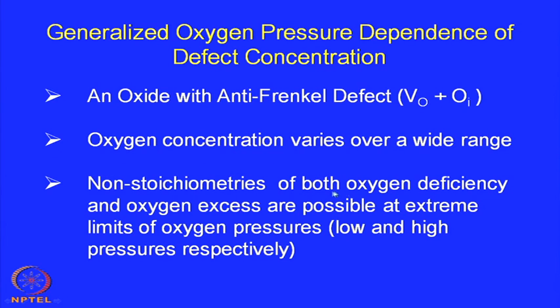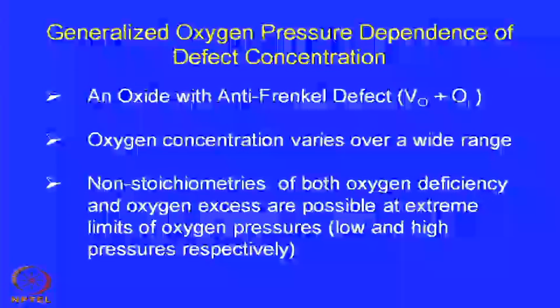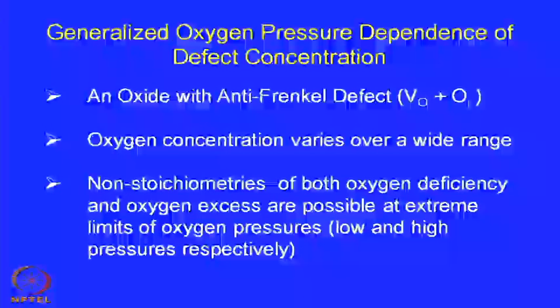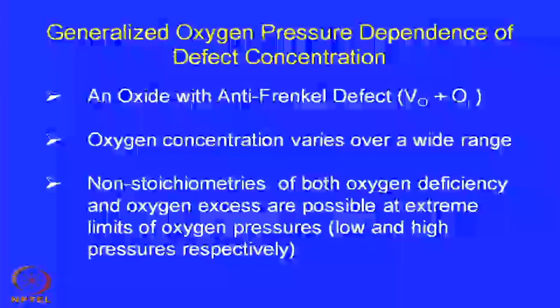Non-stoichiometries of both oxygen deficiency and oxygen excess are possible at extreme limits of oxygen pressure, low and high pressures respectively. We have seen in some cases oxygen vacancies are there, in some cases metal vacancies are there, but we have not seen any situation where oxygen vacancy and oxygen interstitials are present in the same system.